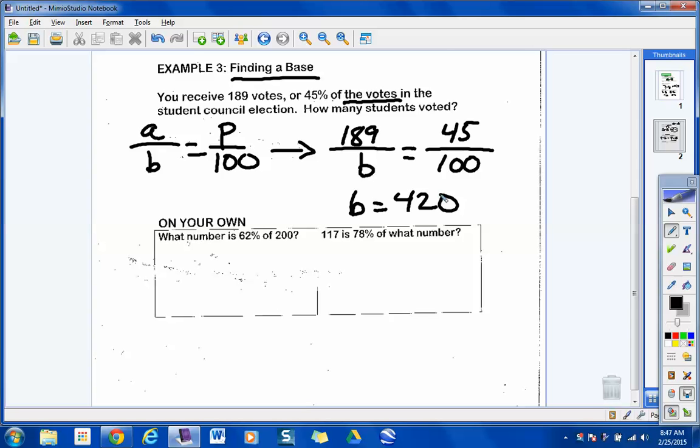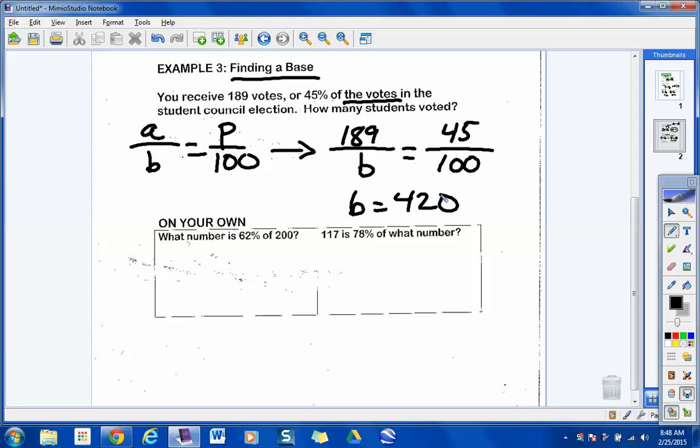What have you got? Anybody need more time with those two? Give me about another minute or so.